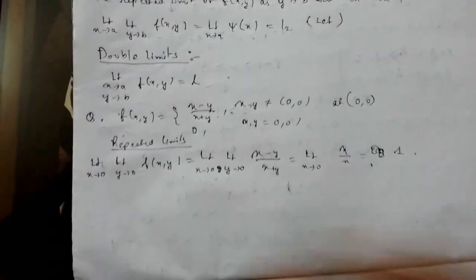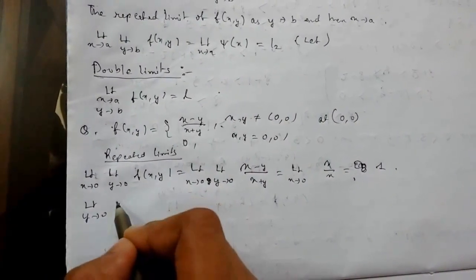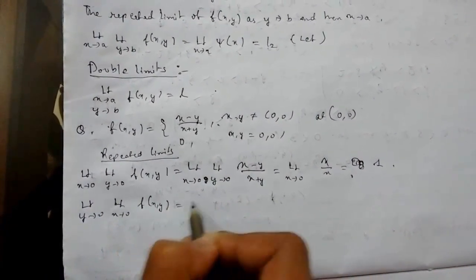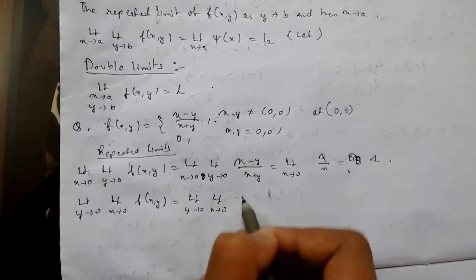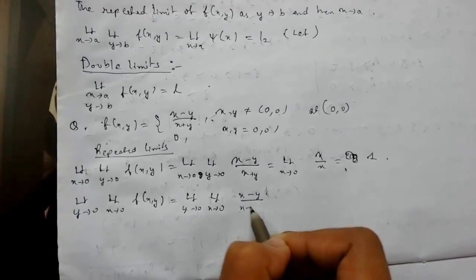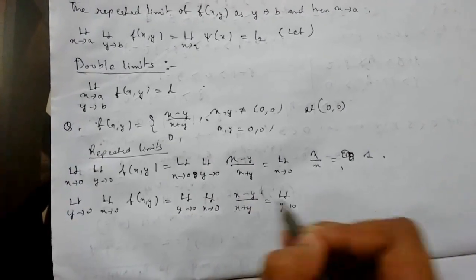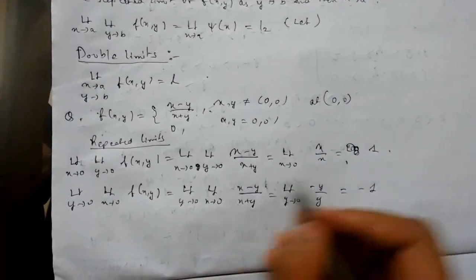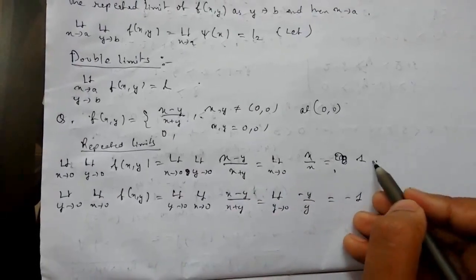And for the second case, this will be minus y upon y, this will be minus 1.